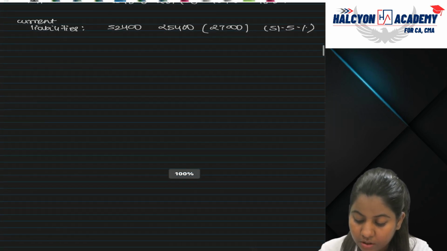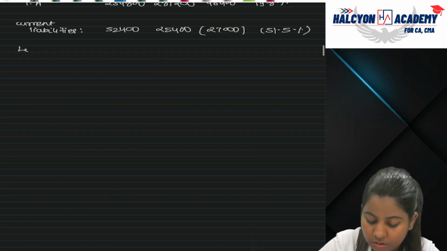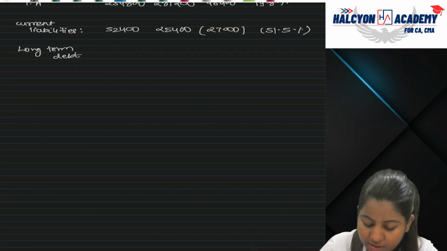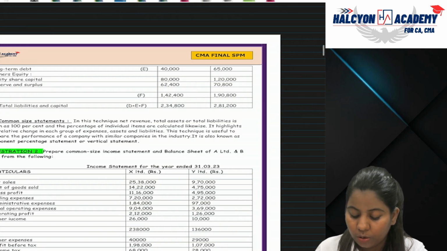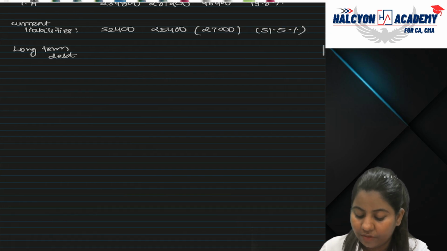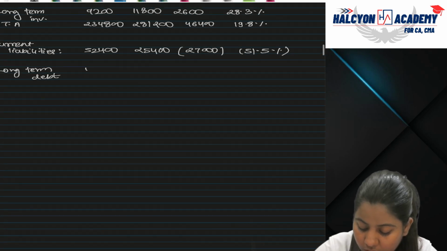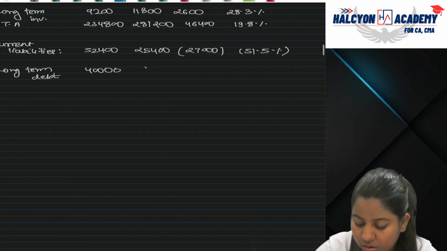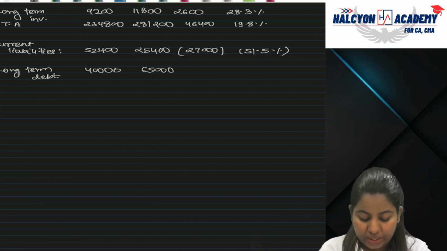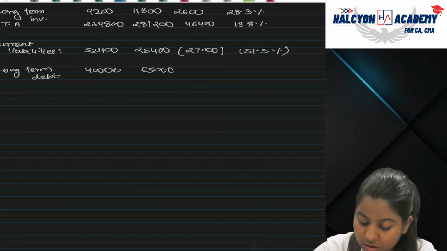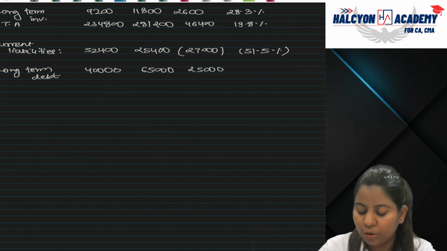Then the next thing is long-term debt. What is the amount of long-term debt? 40,000 and 65,000. So again, it is increasing. Increased by how much? By 25,000 rupees.